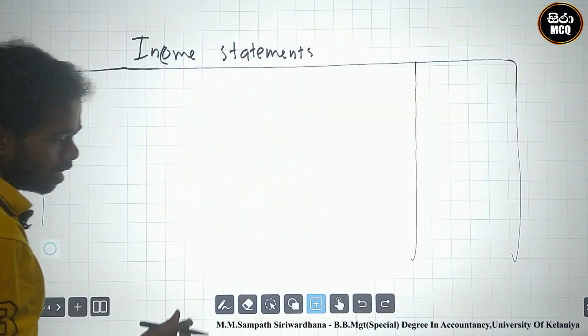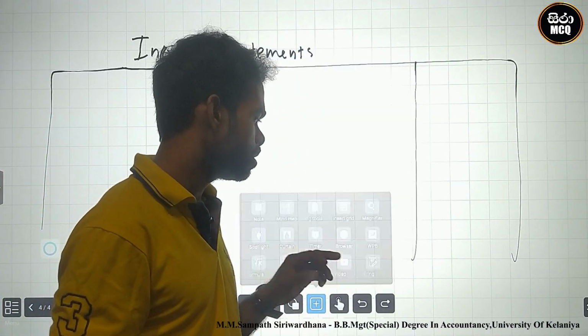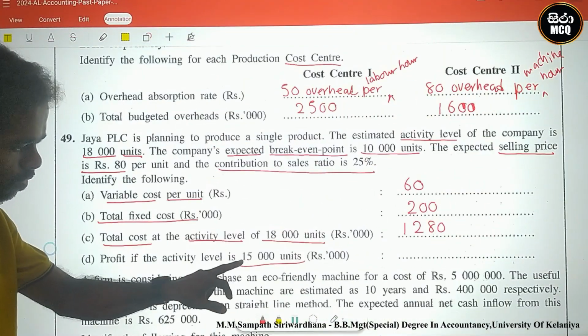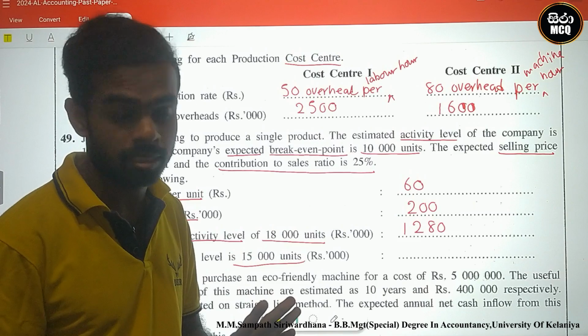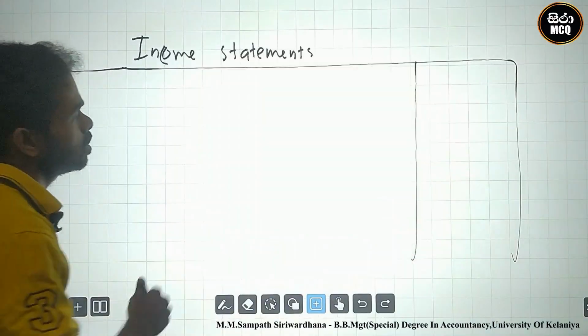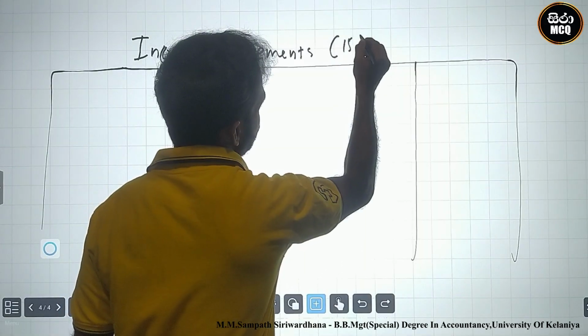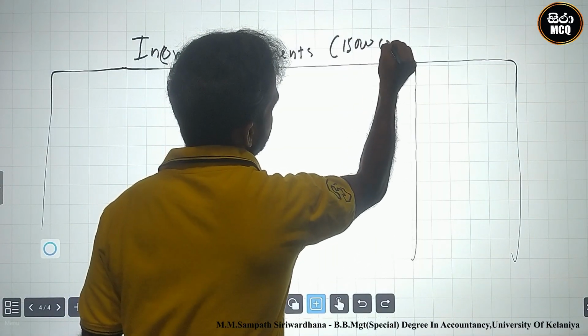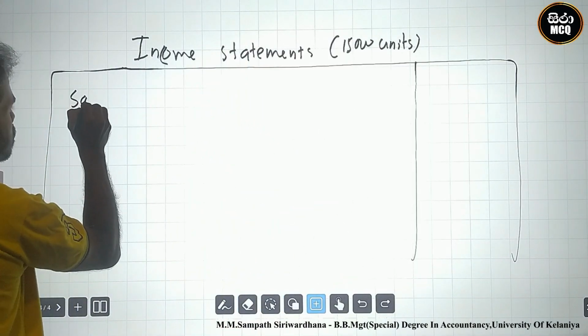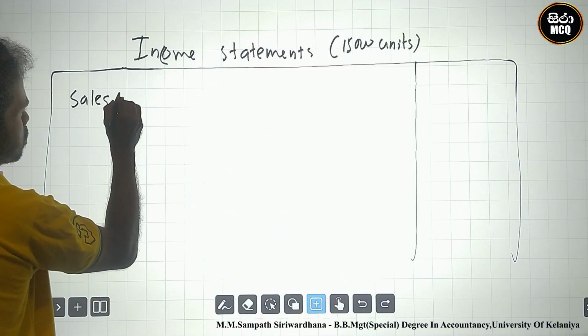Firstly, the number of units: look here, there are 15,000 units. We must calculate the profit. Firstly, we calculate the total sales income.